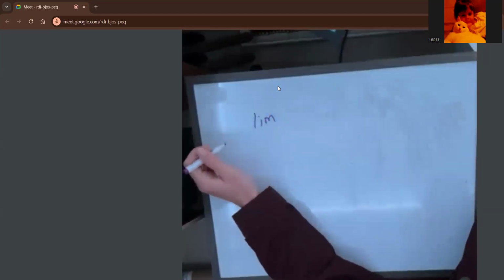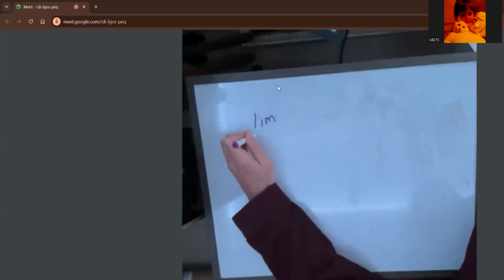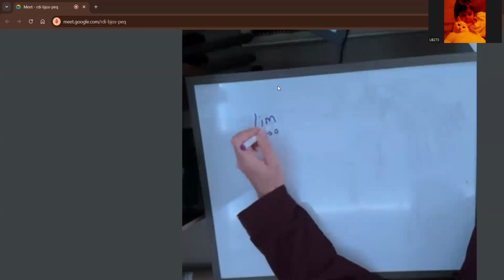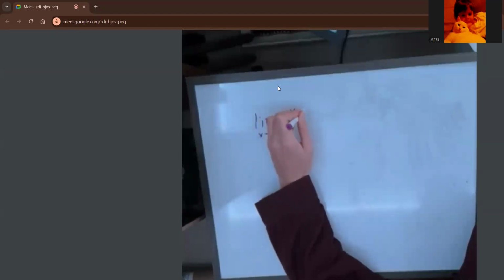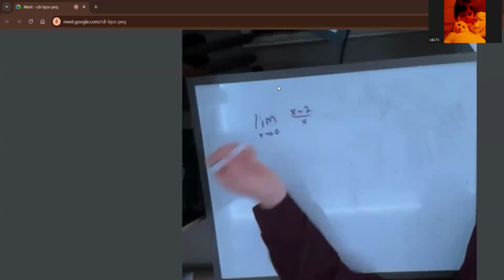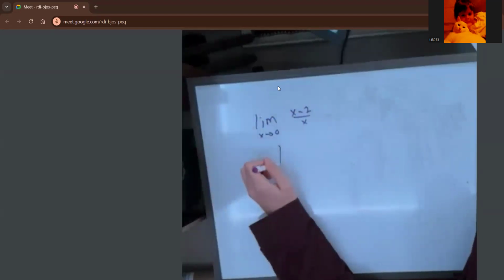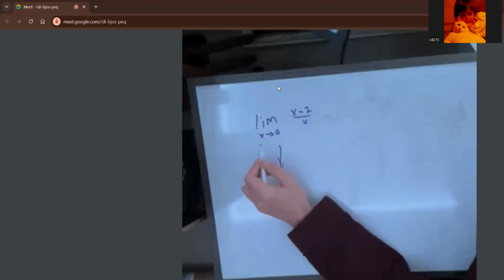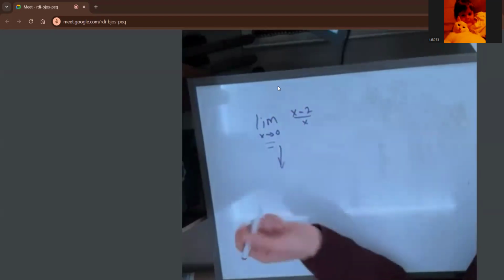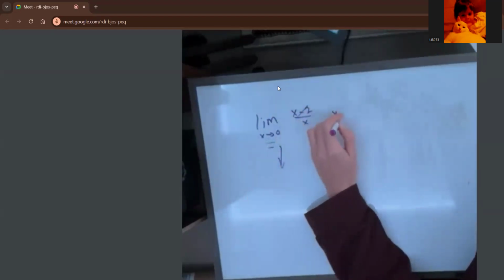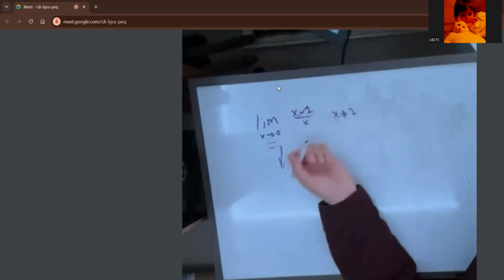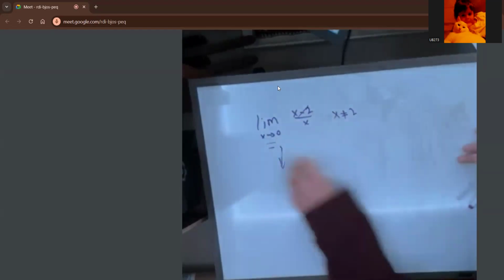So let's say you're doing something like this. As you go down and solve it out, always just write this. And if you ever cross anything out, you write x doesn't equal 2, or whatever it happens to be. That's a very important thing.